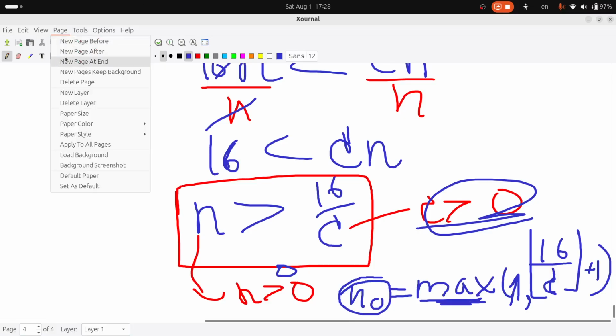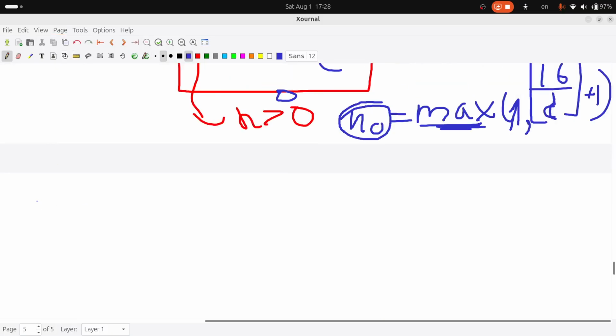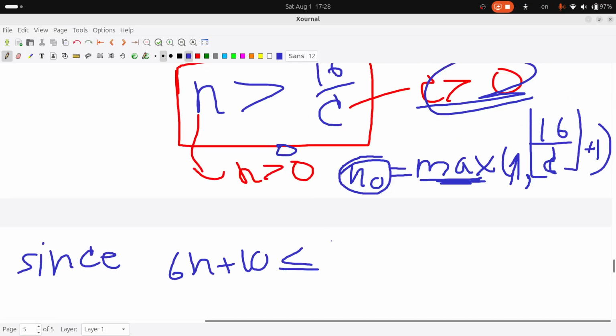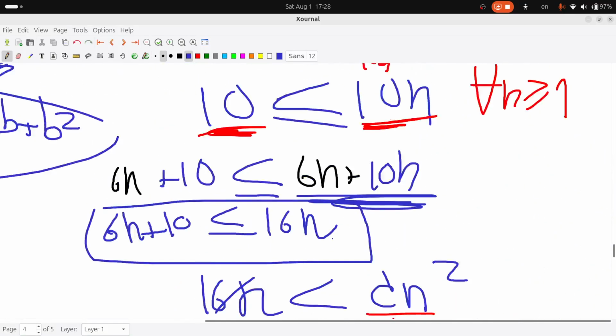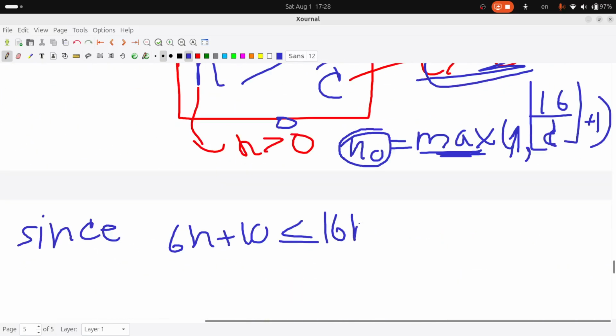So how can we write after this? We can say that 6n plus 10 is less than 16n, right?